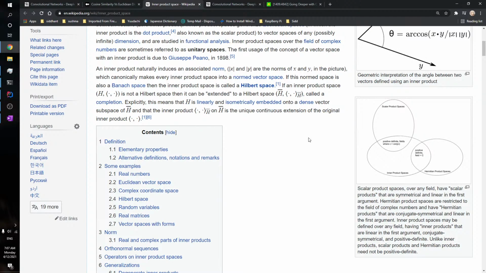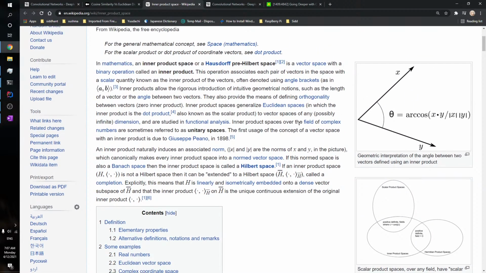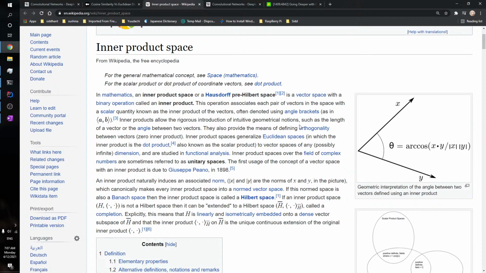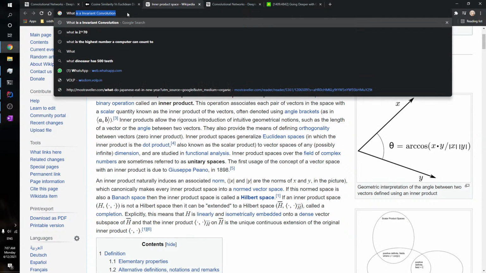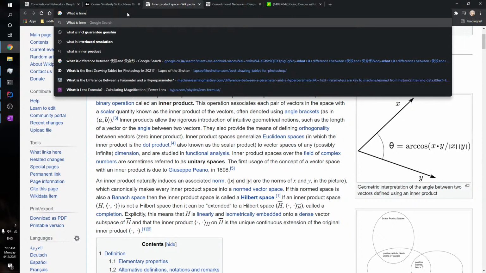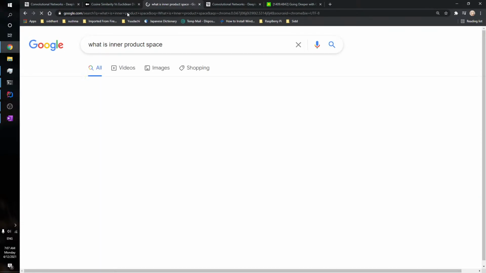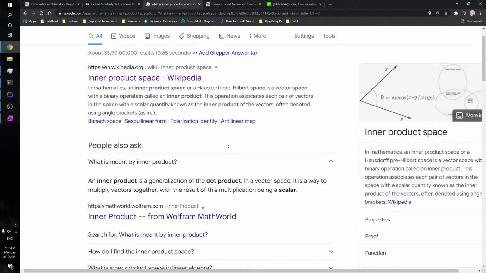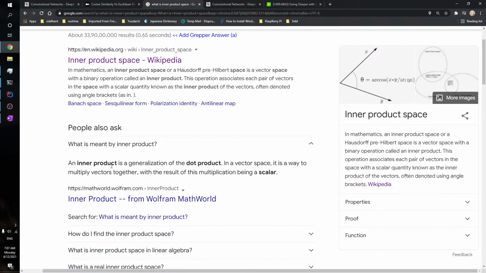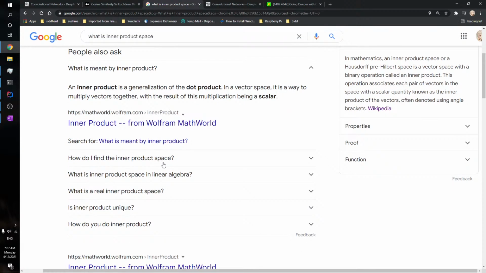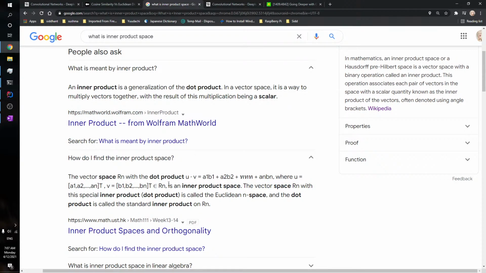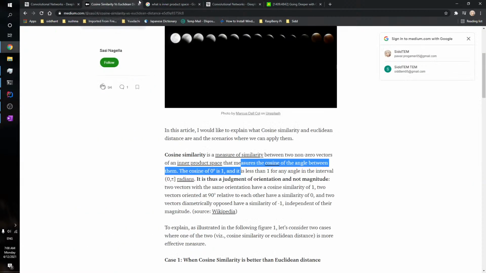It doesn't really explain what an inner product space is. What is inner product space? Ah, okay, that makes way more sense.